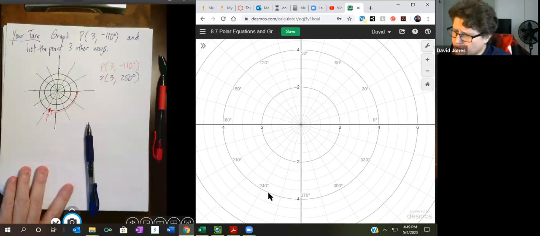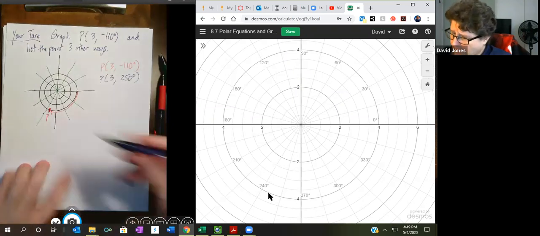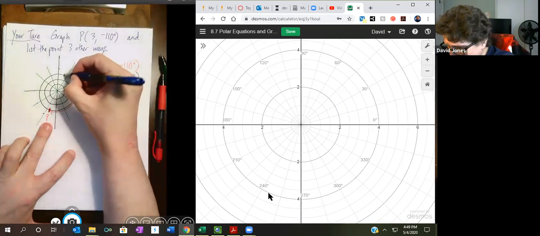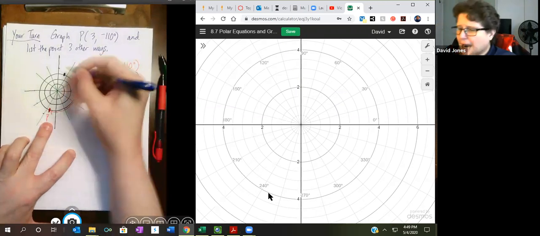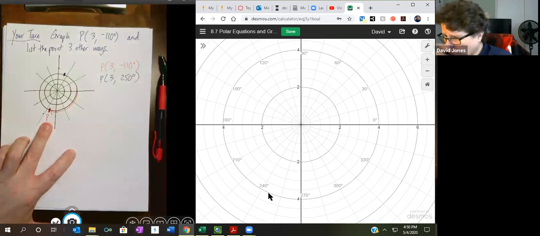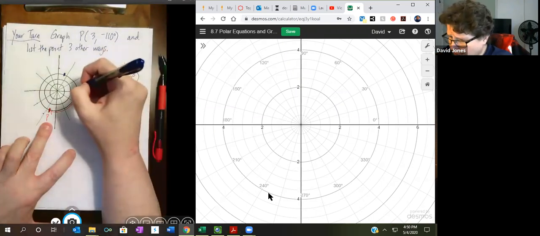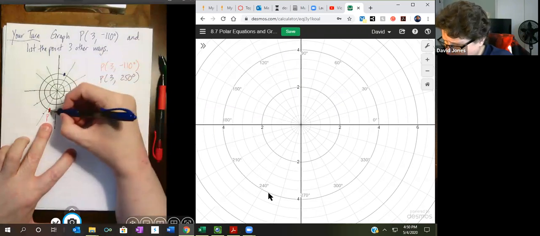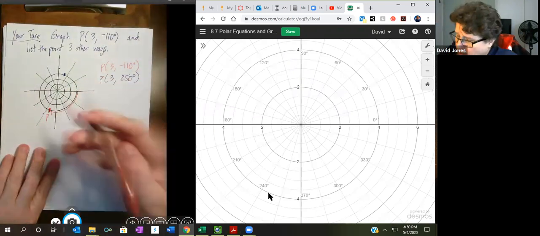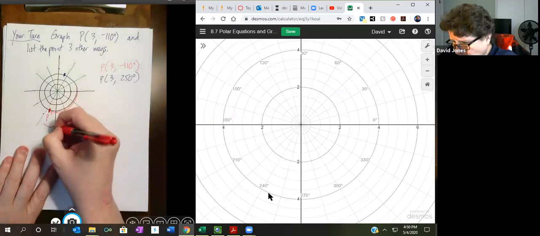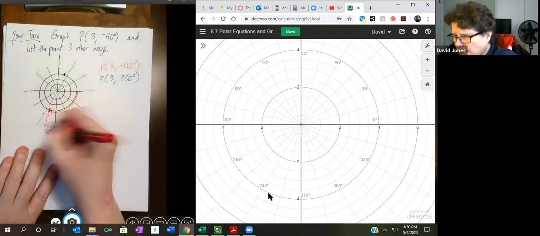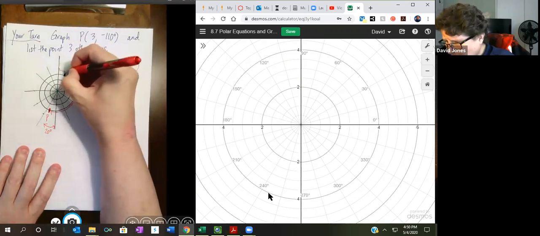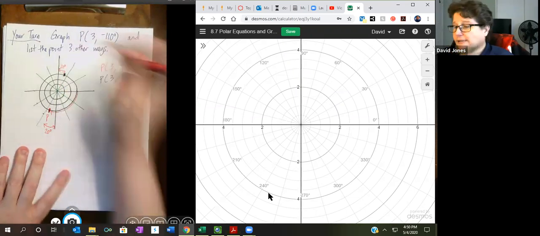And what other options do I have? I could go to the opposite side of the circle and use the opposite radius. So what is this point on the other side? This distance here was 20 degrees, which means that distance there has to be 20 degrees.